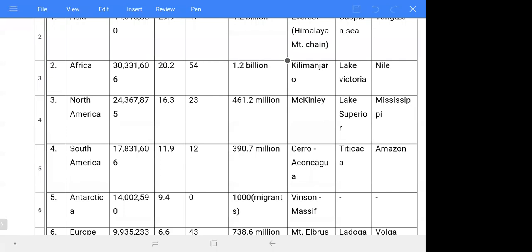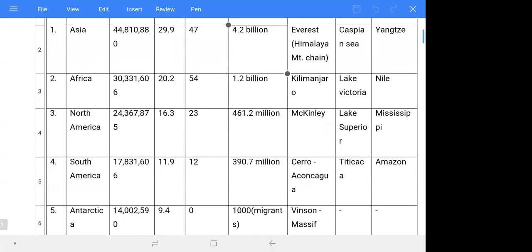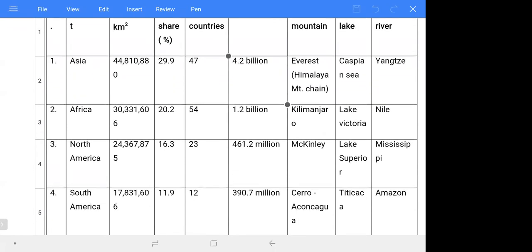By 2019, the estimate in population was 1.2, but currently the population of Africa is approximately 1.3 billion. So it is still the second most populous. But when you compare the population to Asia, there is still a big difference, yes?